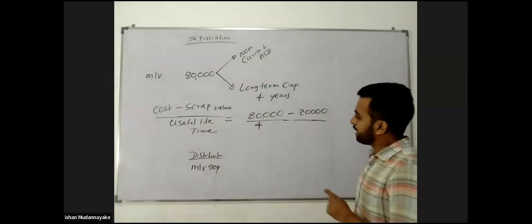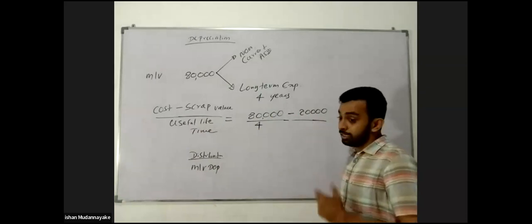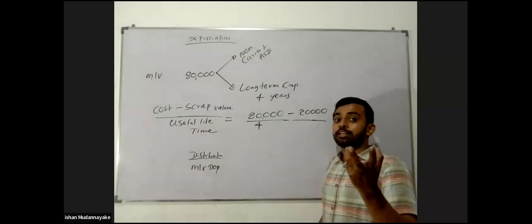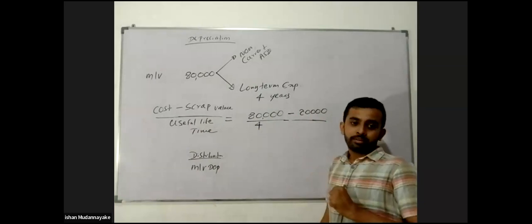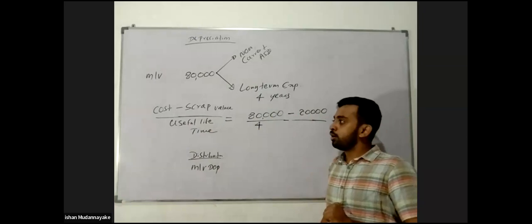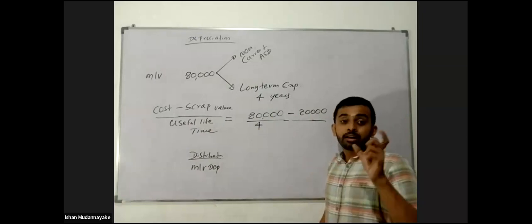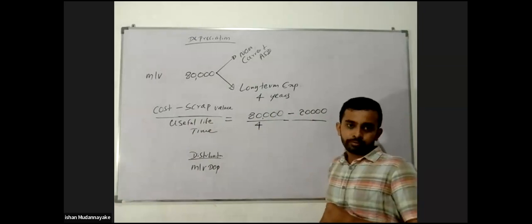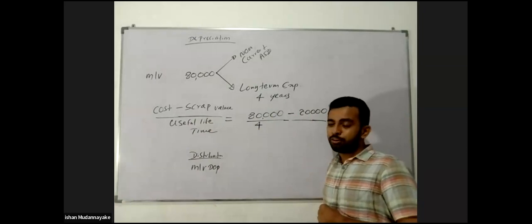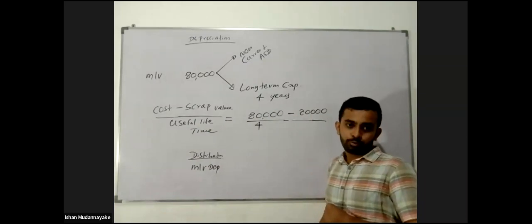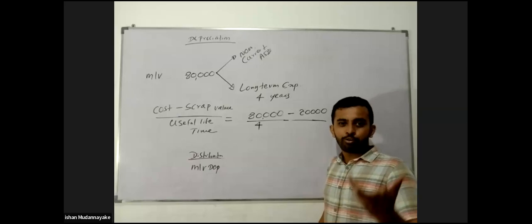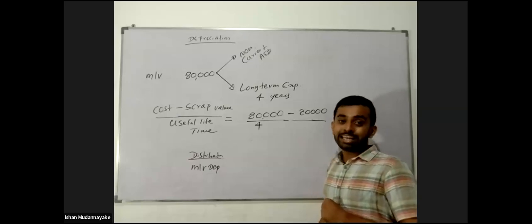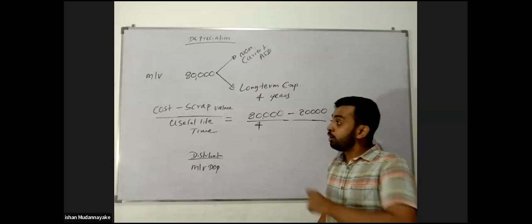After 4 years, if you can sell this motor vehicle for 20,000, that 20,000 is the scrap value. Another term is residual value. Cost minus residual value. Residual value means remaining value, residual value, or scrap value.